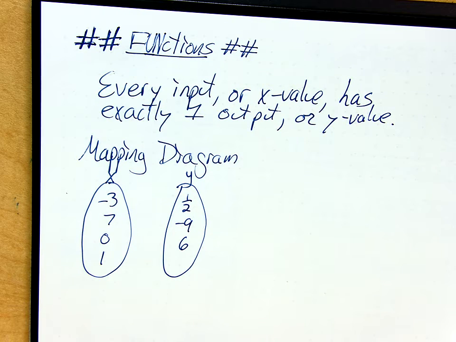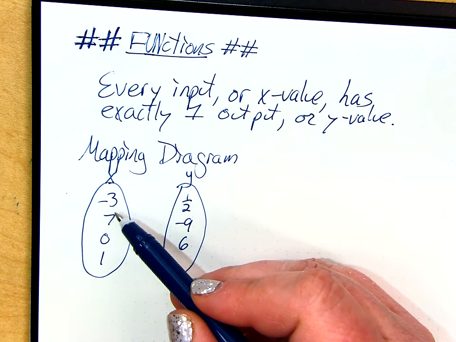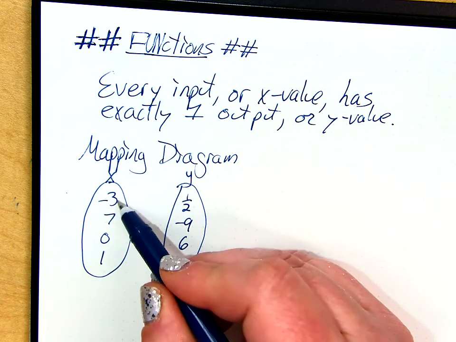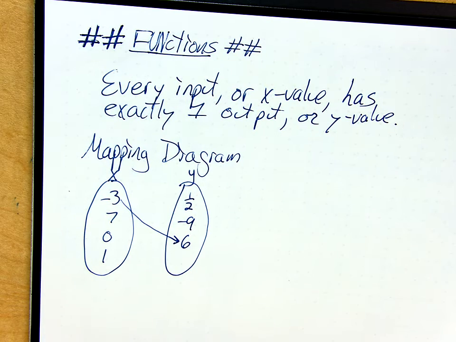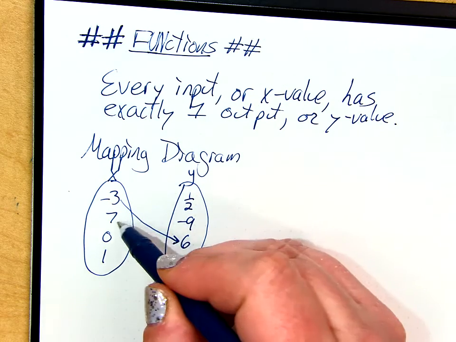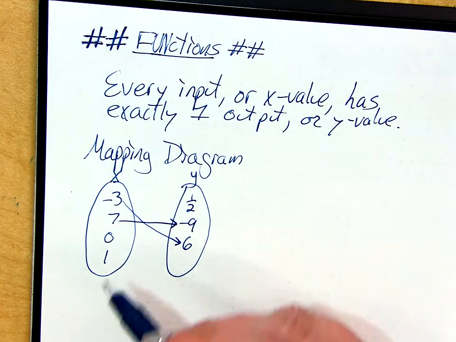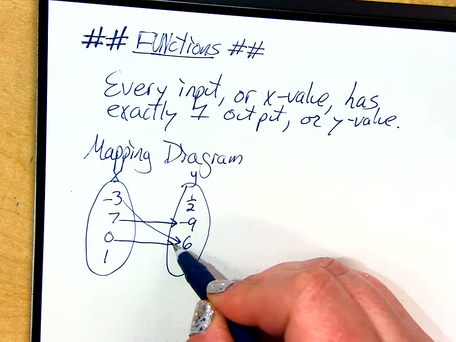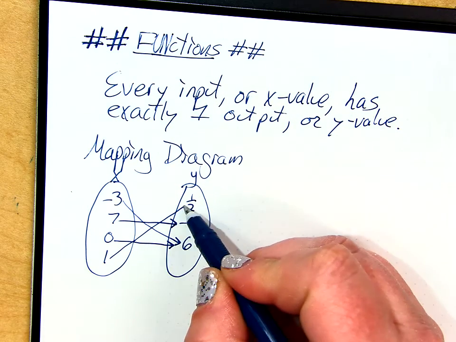And then, if I wanted to show the relationship between these x's and y's, literally all I do is draw an arrow. So let's say when I plug in -3 into my function, it spit out a 6. Okay, great. When I plugged in a 7, maybe it spit out a -9. When I plugged in 0, maybe it also spit out a 6. And when I plugged in 1, maybe it spit out 1/2.